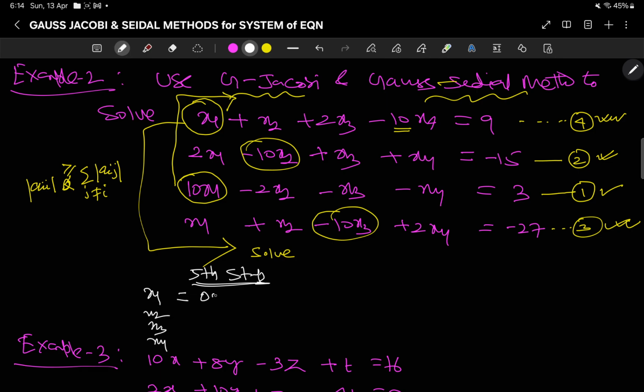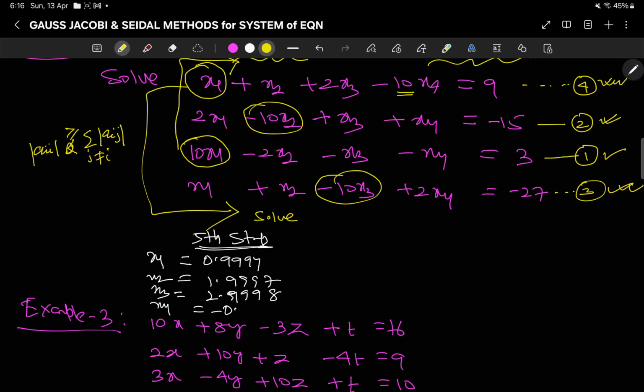So here x1 is 0.9994, x2 will be 1.9997, x3 will be 2.9998, and x4 will be minus 0.0001.